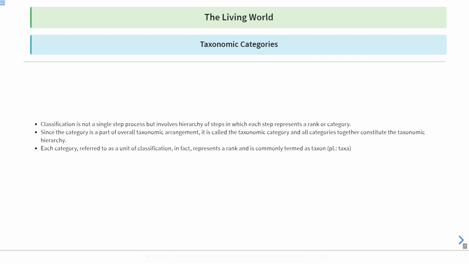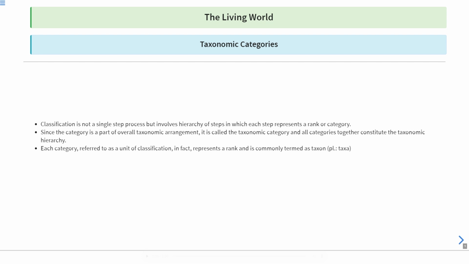Very important: each category is referred to as a unit of classification. Species is a specific unit of classification. Genus is also a specific unit of classification.